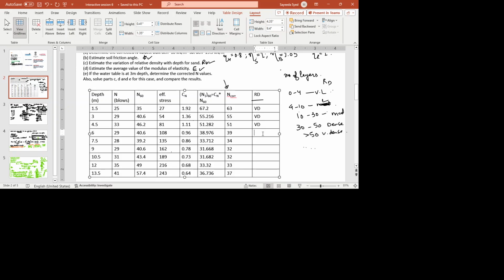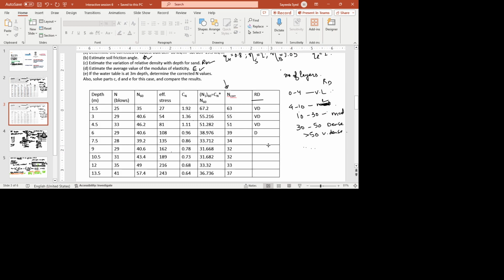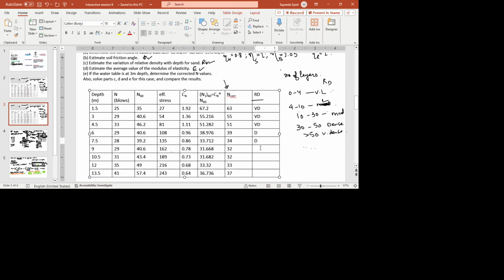And throughout here, we will have dense. So let us suppose that this is one strata and this is another strata.